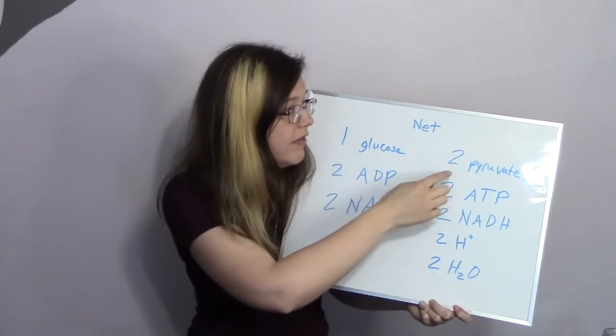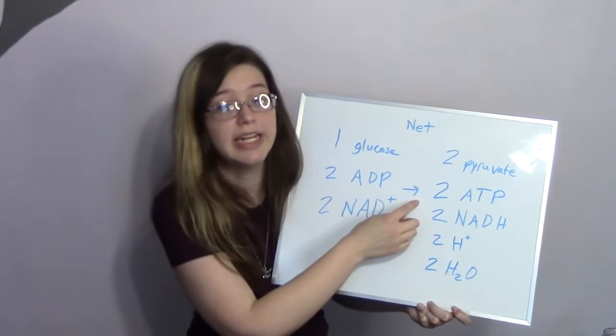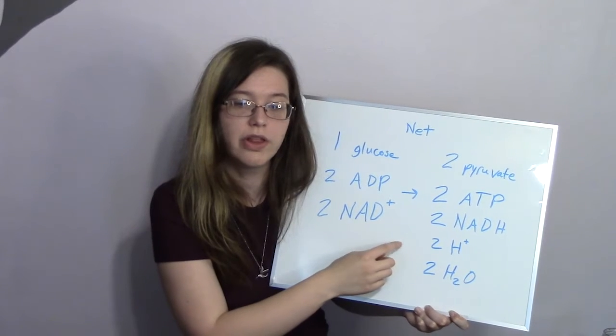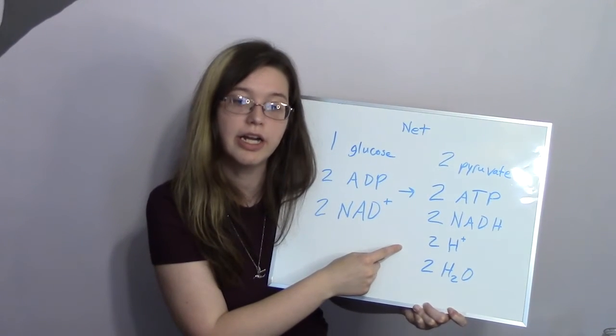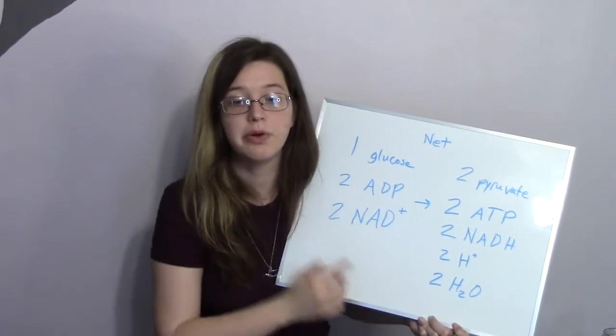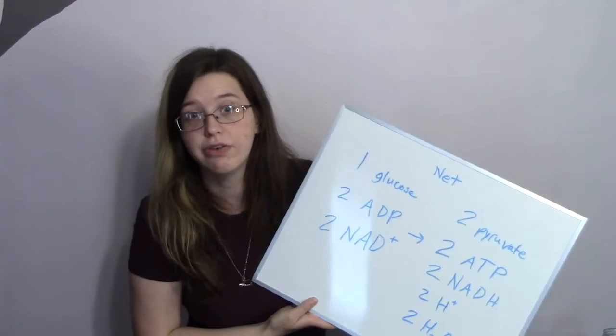We make 2 pyruvate from every 1 glucose, 2 ATP, and then 2 NADH, along with 2 positively charged hydrogen ions and 2 water molecules. And all the ATP produced here is via substrate level phosphorylation. So, remember from earlier, substrate level phosphorylation is when we use some molecule as a substrate and take an enzyme to transfer that phosphate group onto ADP to make ATP.